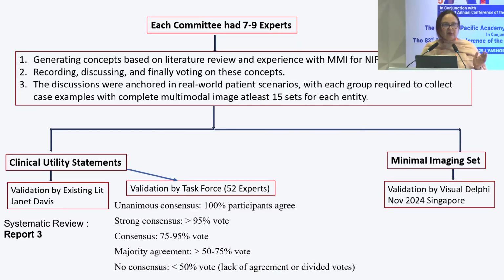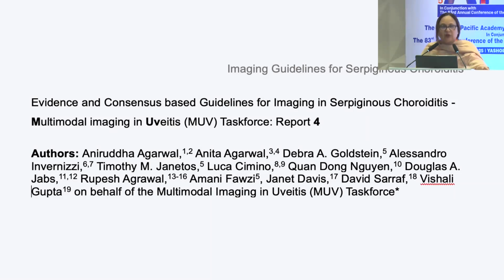Does it have a role? And if it has a role, what is the clinical utility? And the second was to give us the minimal imaging set. For each of these entities, what is the minimal imaging criteria the experts feel should be done? So I'm going to talk about minimal imaging set for these 5 entities one by one.